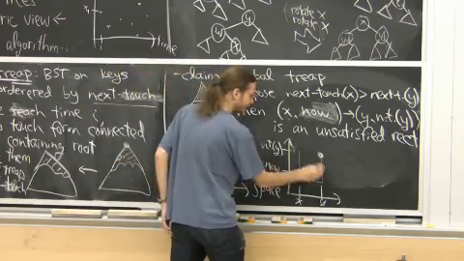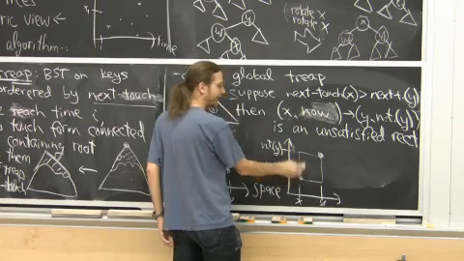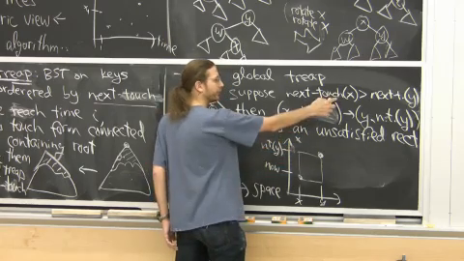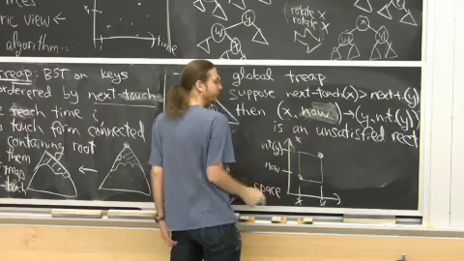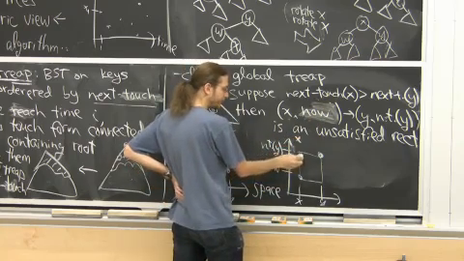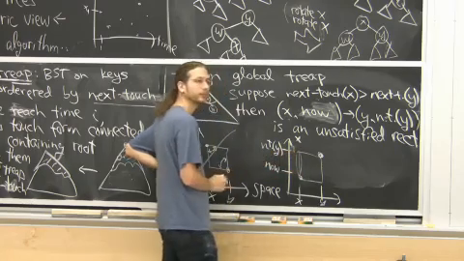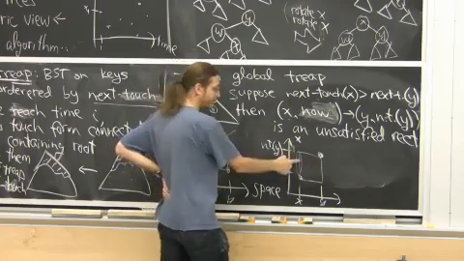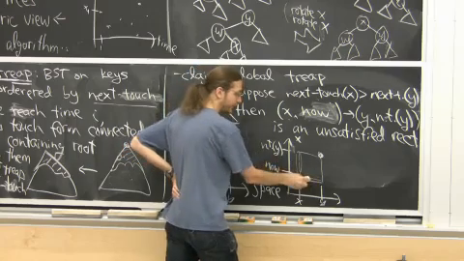What we know is the next access to x is sometime in the future. That's what we're told here. Next touch of x is greater than next touch of y. So next touch of x is up here, which means this is empty.